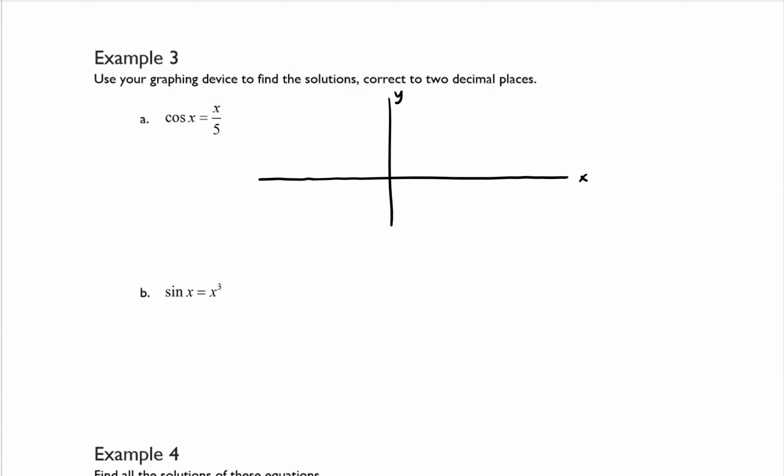So cosine of x on the left side looks something like that, and this is a very rough sketch. And then x over 5 is a linear function with a slope of 1/5 that goes through the origin.